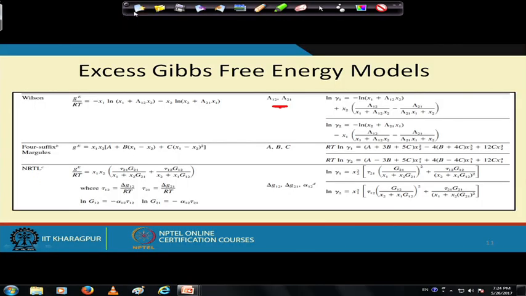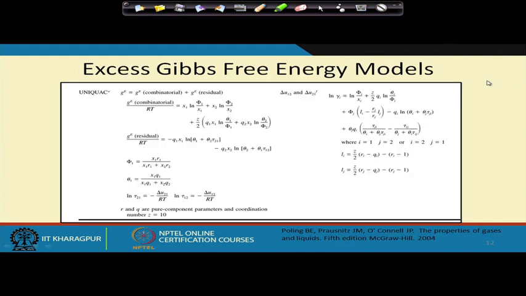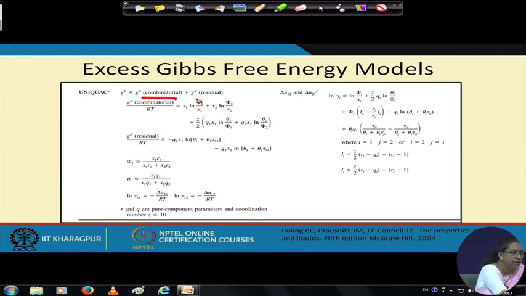After that, apart from these, there are some other equations also which have been proposed. For example, we have the UNIQUAC, which is nothing but the universal quasi-chemical equation, and these equations were in fact developed by Prausnitz. He was one of the contributors to this equation. We find that it primarily comprises a combinatorial part and a residual part.